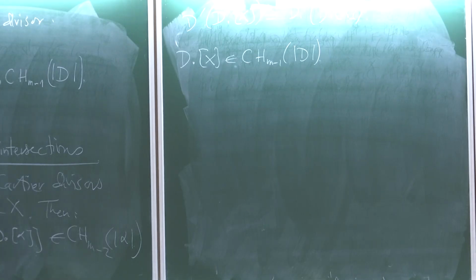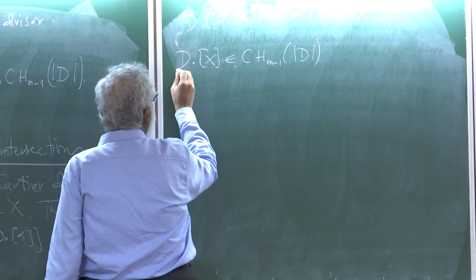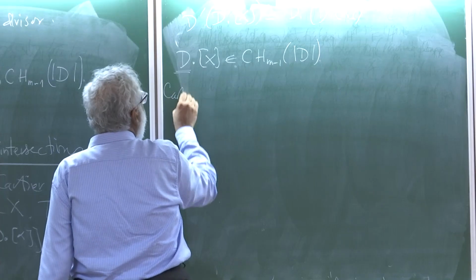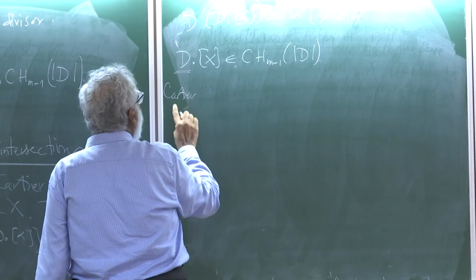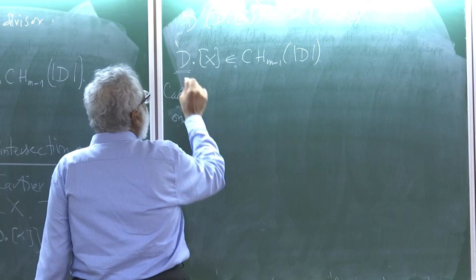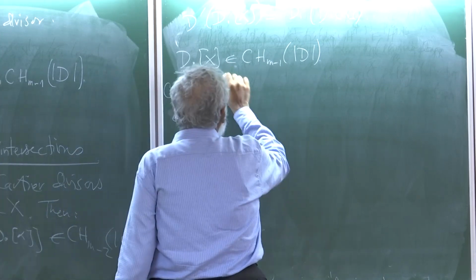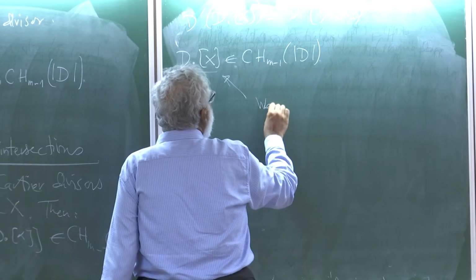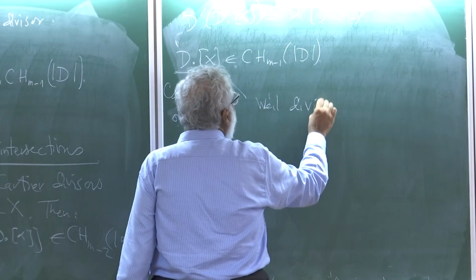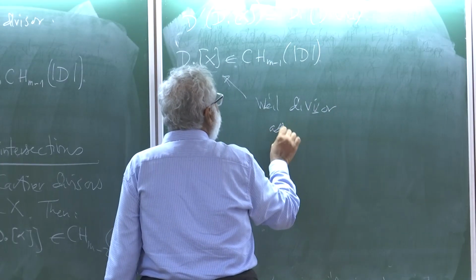This is just the class of the Weil divisor. D is a Cartier divisor. This is another notation for the Weil divisor associated to D.